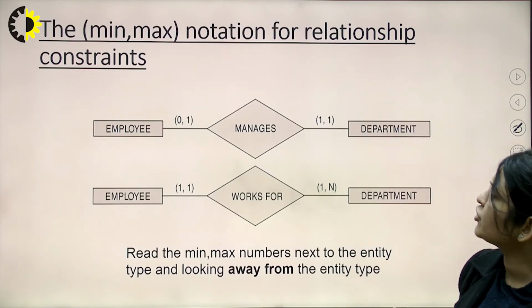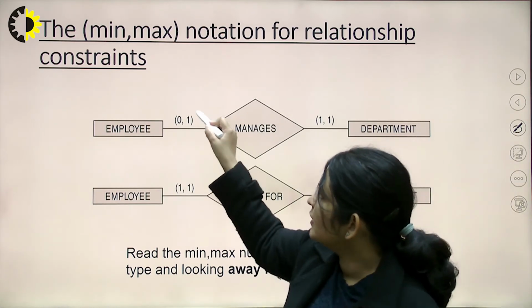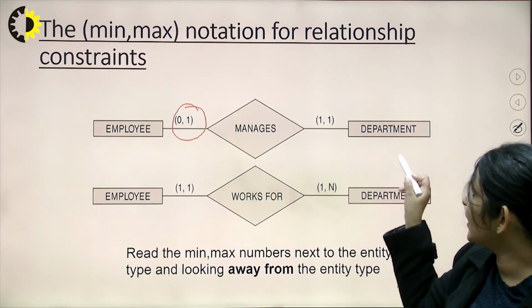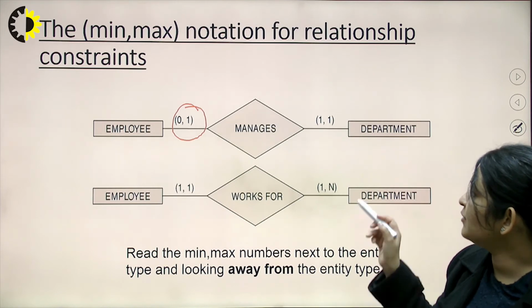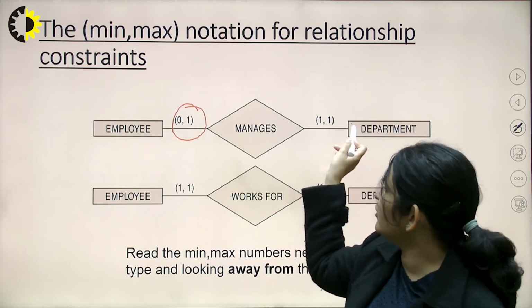The second type of notation we can have is the min-max notation for the relationship constraints. Here we have a pair showing how much a department can participate, written on the alternate side.